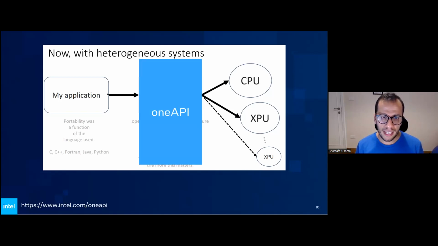From that, Intel introduced to the community something called oneAPI. oneAPI is an industry initiative that encourages cross-industry collaboration on the oneAPI specification to deliver a common developer experience across all accelerator architectures.